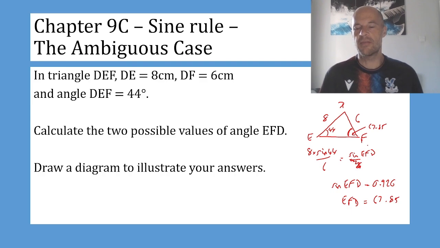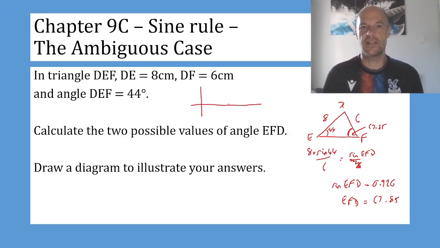Now what we need to remember is it's also possible for it to be something else as well. So if I consider my sine curve here, so here it's 360, here is 180. We know that the sine of EFD is 0.9, so here's our maximum of 1, so 0.9, let's say it's here.